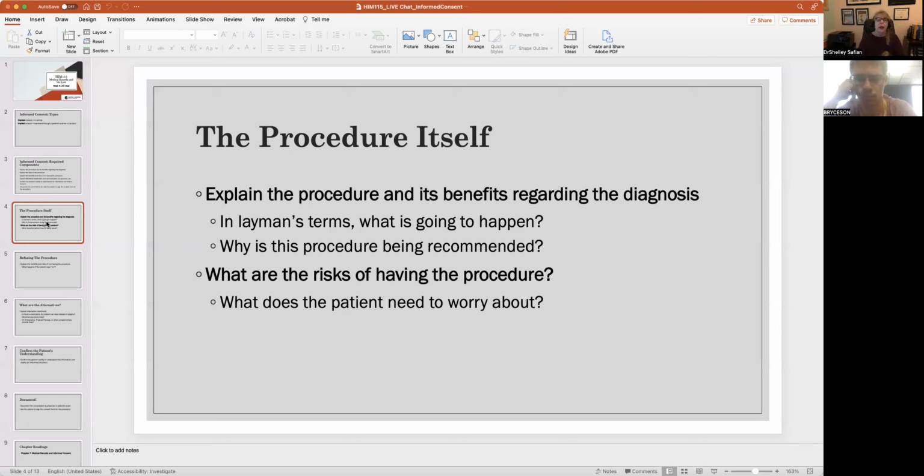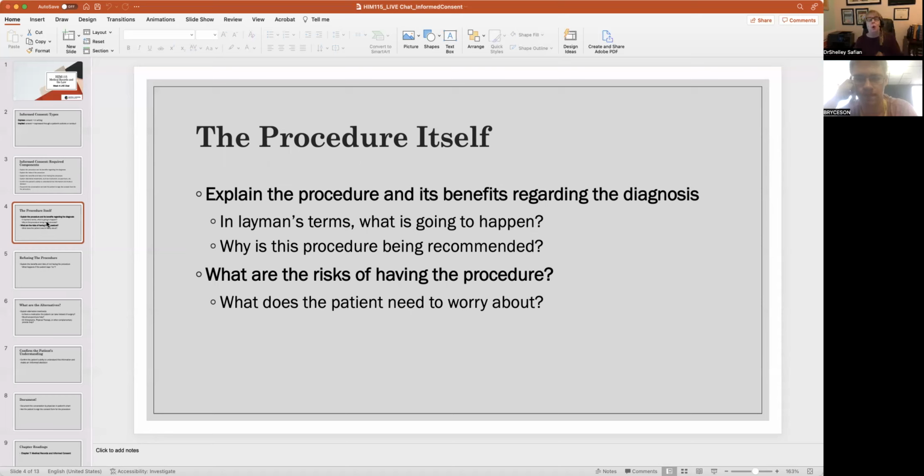Okay. And why this procedure is being recommended over, if there are alternatives. Sometimes there are alternatives. And the risks of having the procedure. What does the patient need to worry about? Now, of course, every provider is going to say, oh, you don't need to worry about this. I've done this 1,000 times. Okay.